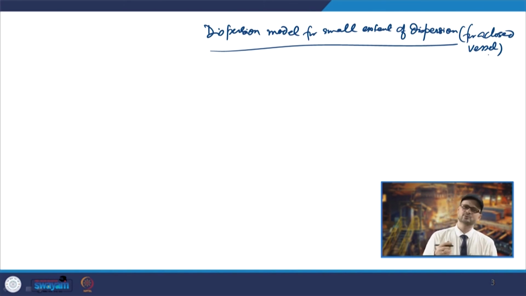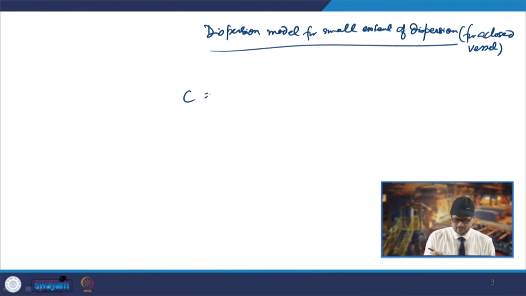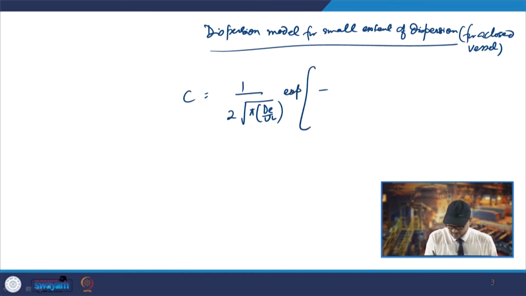And in that case if you solve the concentration equation, it has been found that C equals 1 by 2 root pi into dE by UL, then exponential of minus of 1 minus theta square divided by 4 into dE by UL.